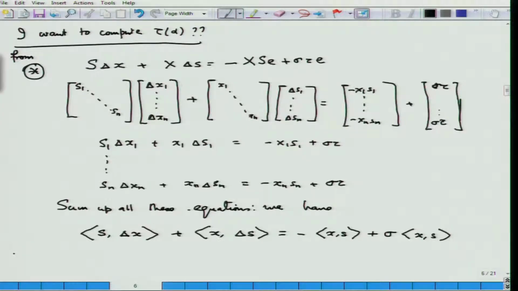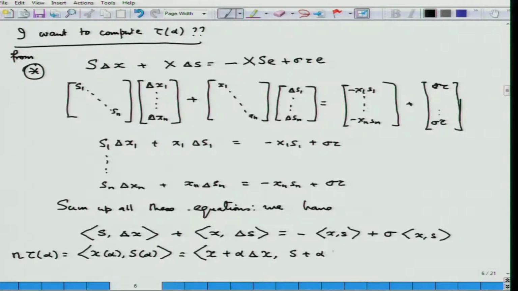Now, I will do n into tau alpha is equal to x alpha S alpha, that is the definition. Now, I will write down what is x alpha. X alpha actually for me means x plus alpha into delta x, s plus alpha into delta s.